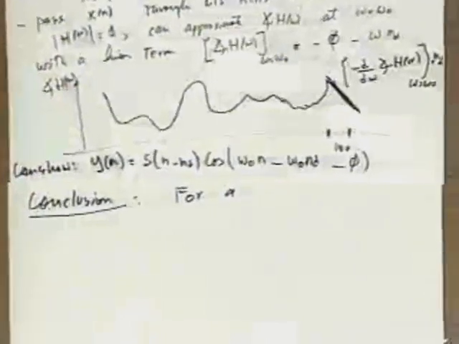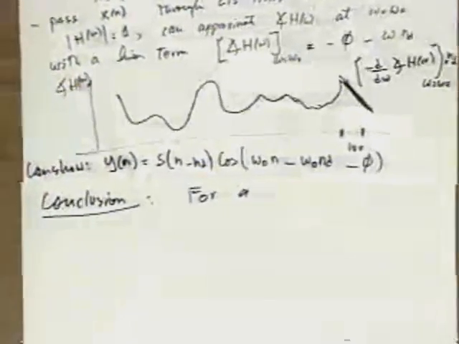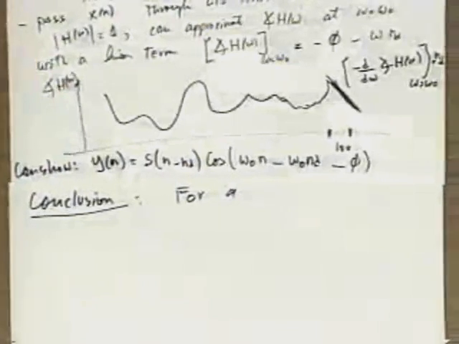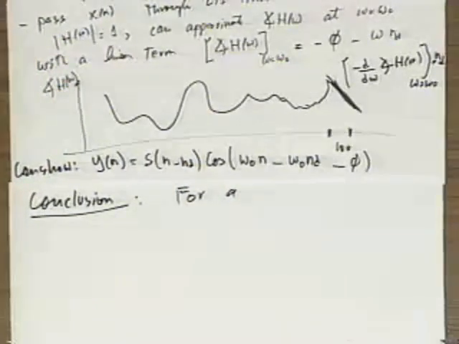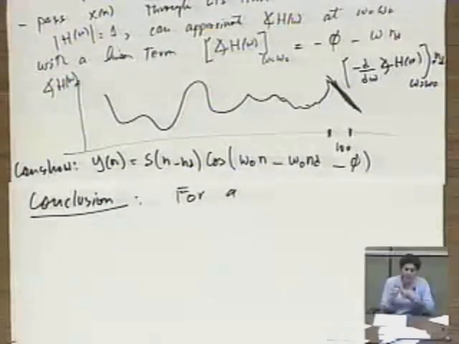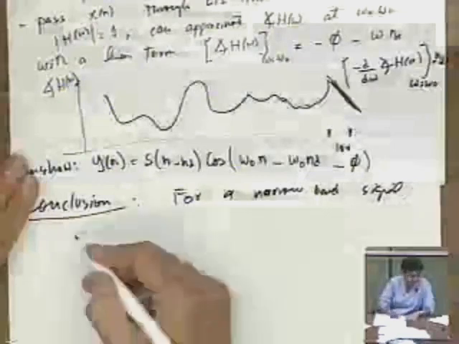So the conclusion I want to reach is that for a narrowband signal, if I pass it through a filter whose group delay is constant at the center frequency of the narrowband, then you can have a simple processing step where each element gets delayed by this amount. Okay, so let me write that down.